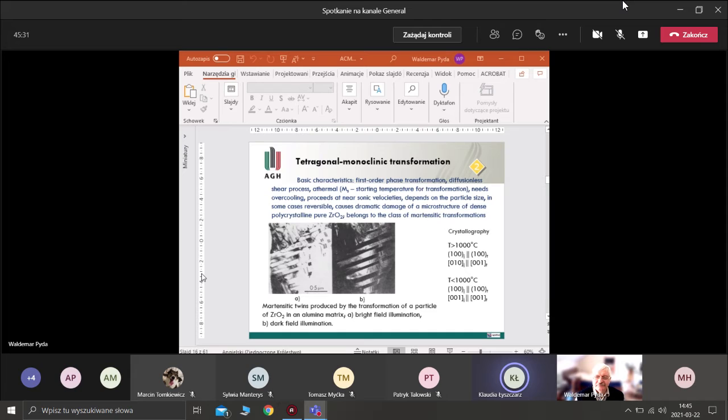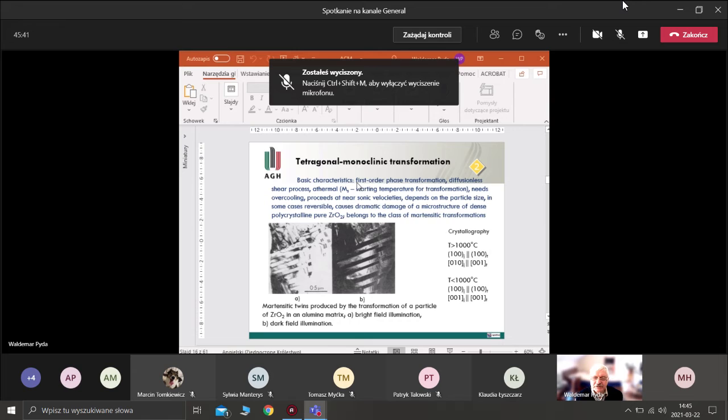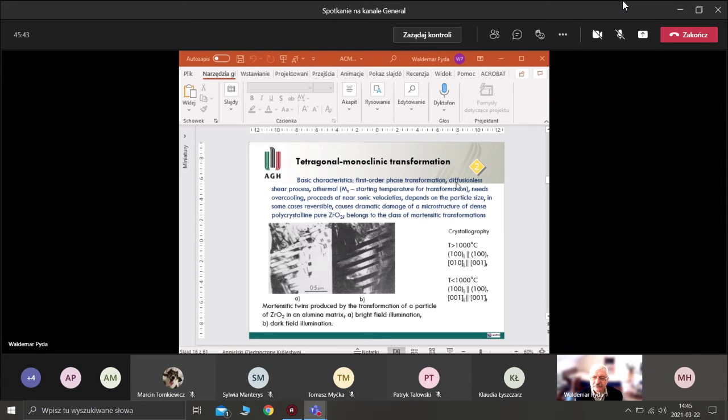Different microstructure or density. Okay. Please read this information. First order phase transformation, diffusionless shear process, athermal.